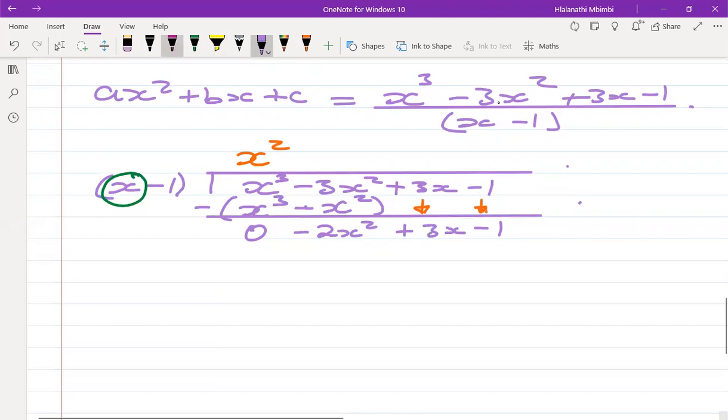Then you start the process again. You come to your green guy and say, if I take this and divide it by x, what would I get? So you say negative 2x squared divided by x. What is that? It's negative x, sir.